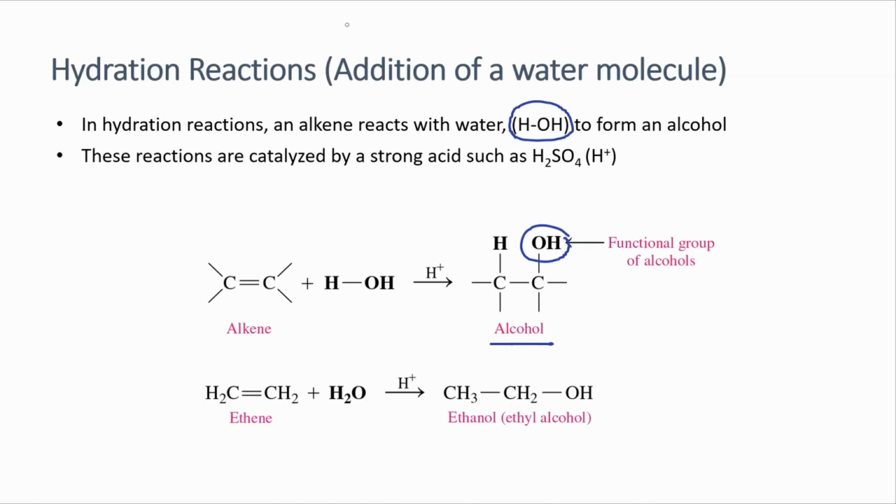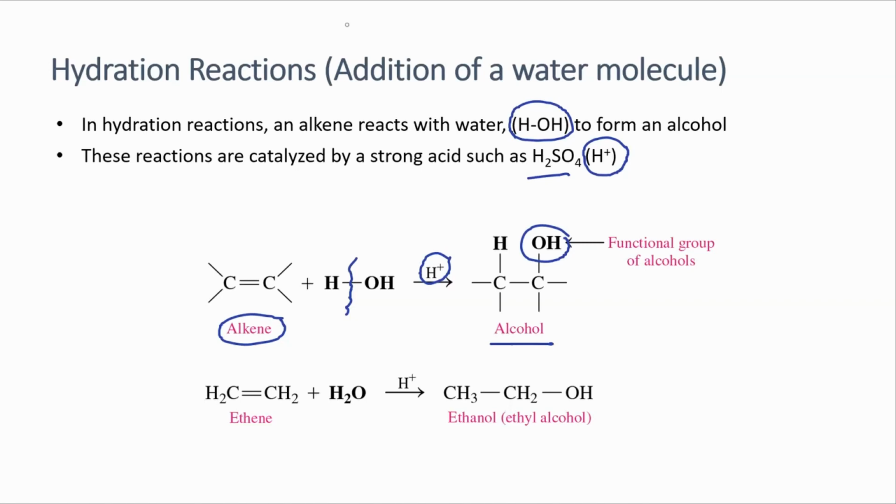These reactions are catalyzed by a strong acid such as sulfuric acid, and we show it as an H plus ion, written on the arrow of the equation. Now let's see what exactly happens here. When an alkene reacts with concentrated sulfuric acid, the water molecule can break up to give a hydrogen and a hydroxide group.